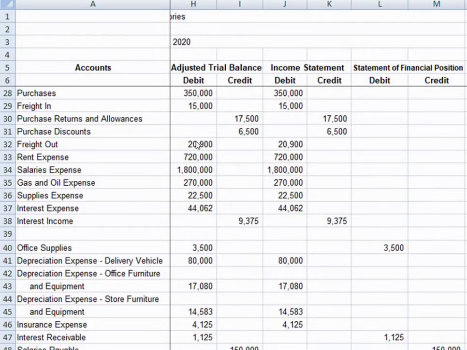Next, freight out is part of distribution cost. Where else are the distribution costs? Oh, remember the additional information before?